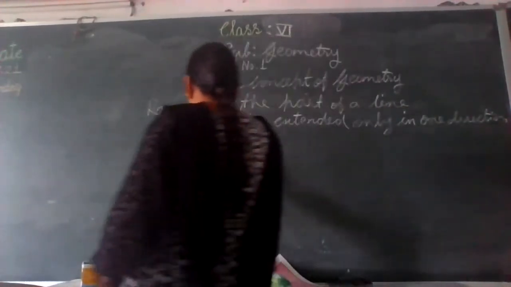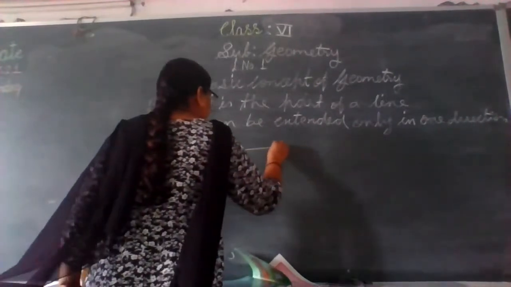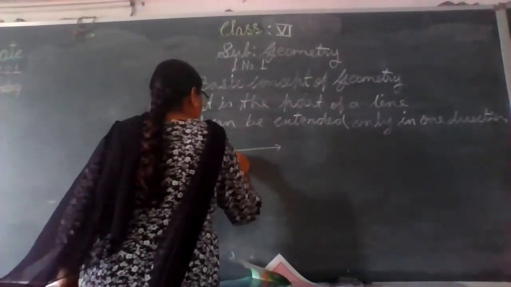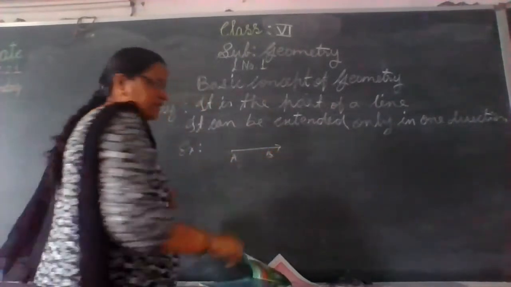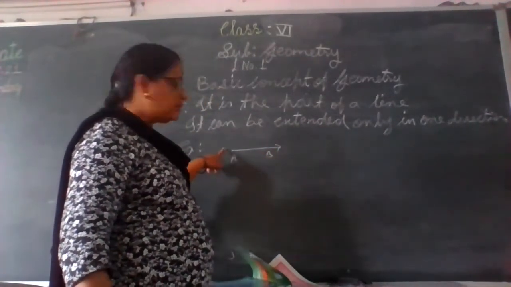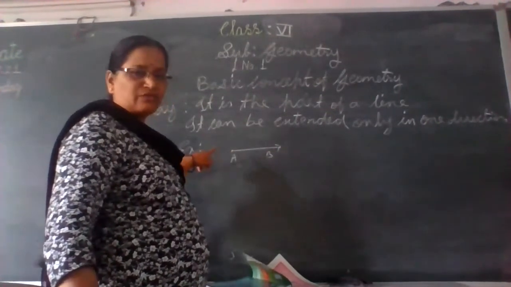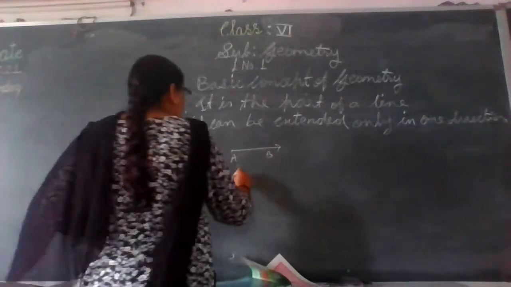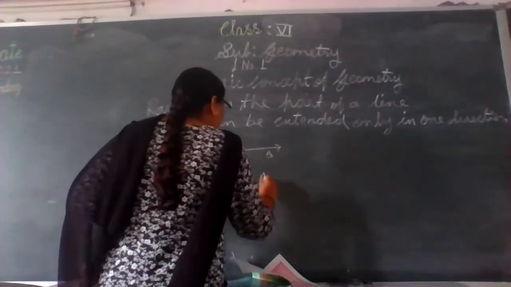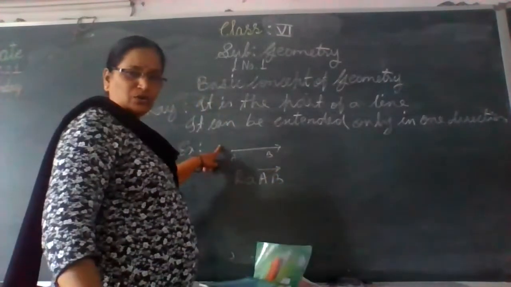For example, see. AB is a ray and this end point, actually it is not an end point, it is the origin. It is known as the initial point. So we will write the name as ray AB. So always you have to start the name from the origin.